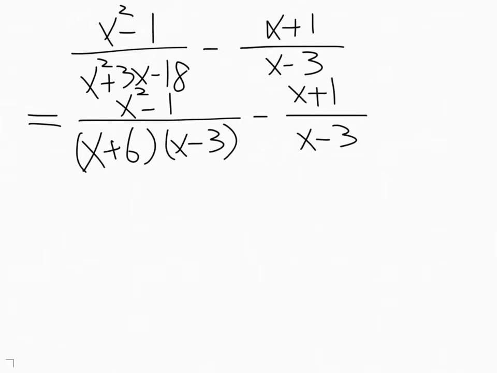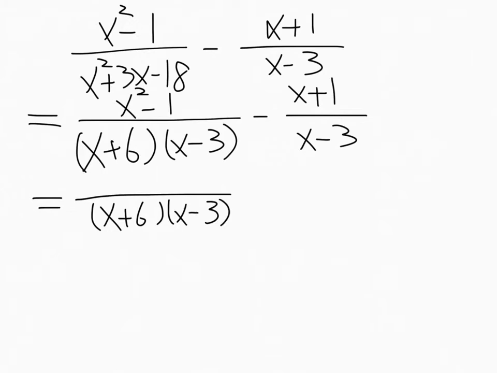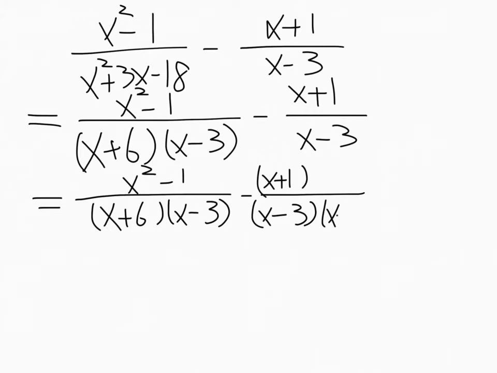And it turns out, yes, indeed, I have the x minus 3 as the common factor. So what I need to do is just multiply the second term by x plus 6, top and bottom. Then I will have the exact same denominators for both of them. Agree? And that's what I'm going to do here.